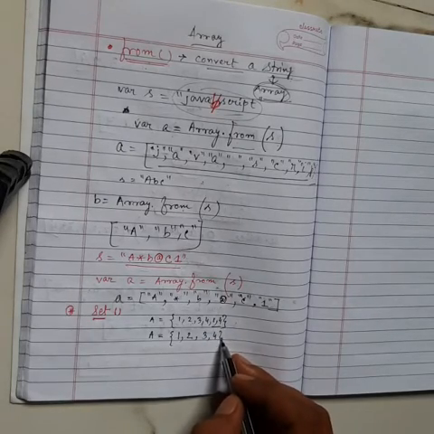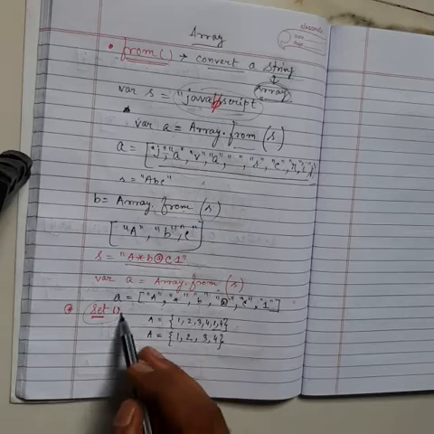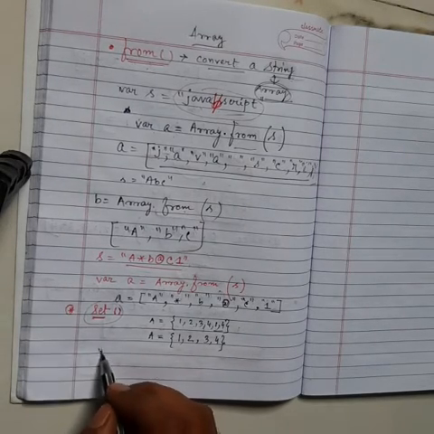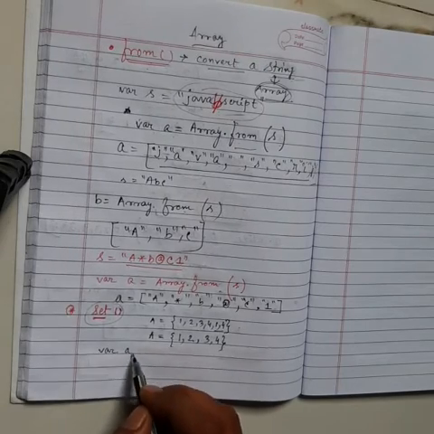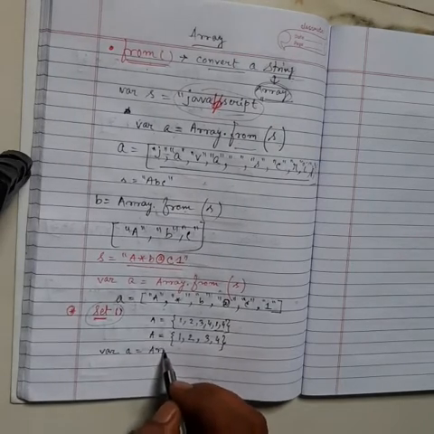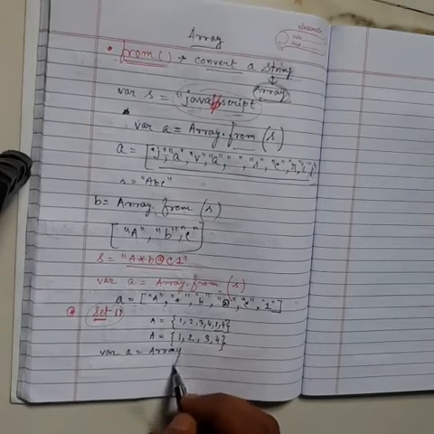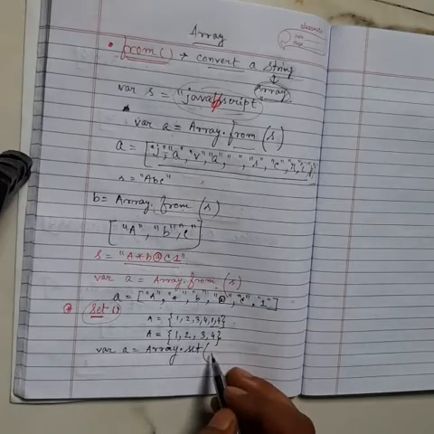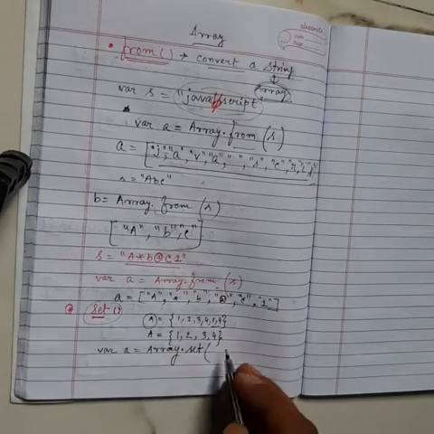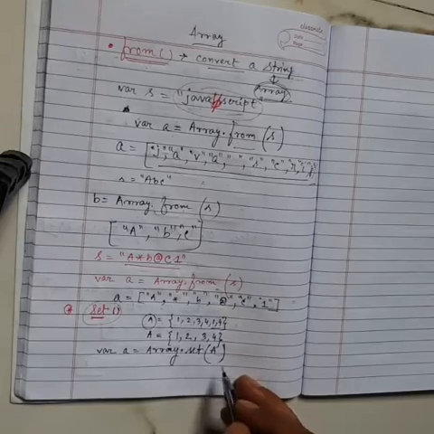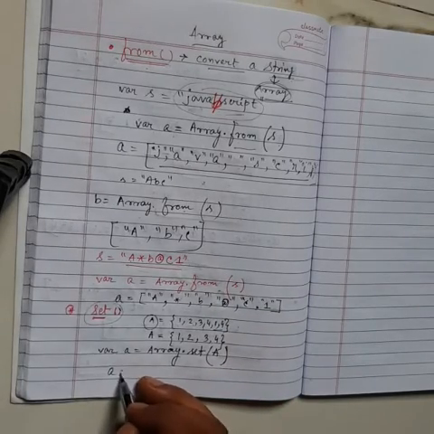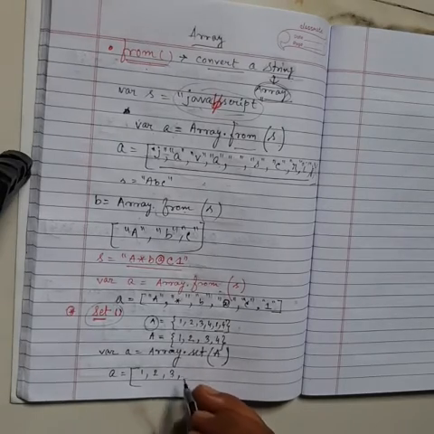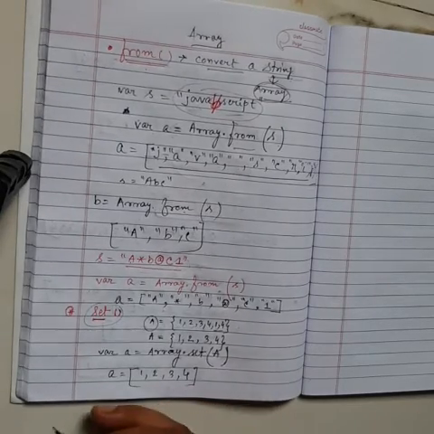Just like that, the set method of array works. Let's take example one. If we write a equals Array.set, and in brackets we pass the array A, in that case this array will contain all the elements, but only the non-repeated elements.